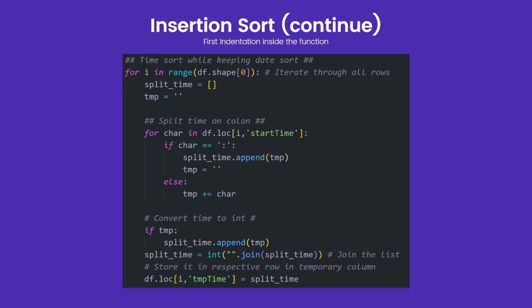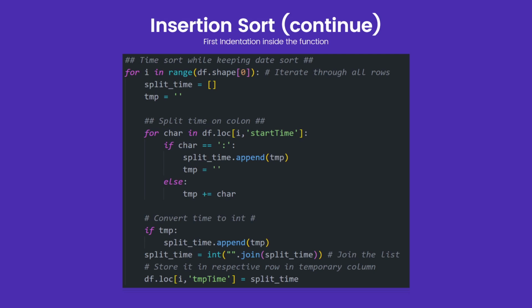However, since all the variables of time are taken in as integers, we can simply join the list together. Then we will store this value in the respective row of the date in a temporary column. For example, if the time is 9 colon 30, the algorithm will convert it to 9:30.